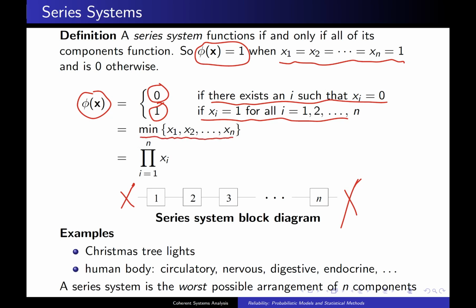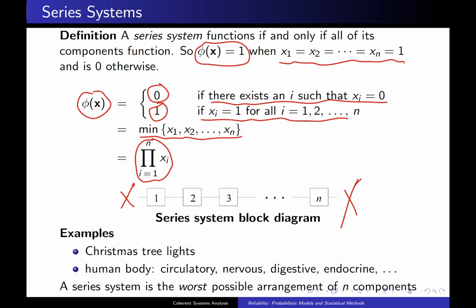It is the minimum of all the x values. You need to think about that a little bit, but the only way for that minimum to return a 1 is for all of the individual x's to be 1s, which is to say every component has to be up. Finally, a third, even more compact way of writing the structure function for a series system is it's the product of the x sub i's. If all of those x sub i's are equal to 1, then when you take your product, you get a 1. But if one of them becomes a 0 and you multiply all the x sub i's together, you get 0, and that's exactly what you want.